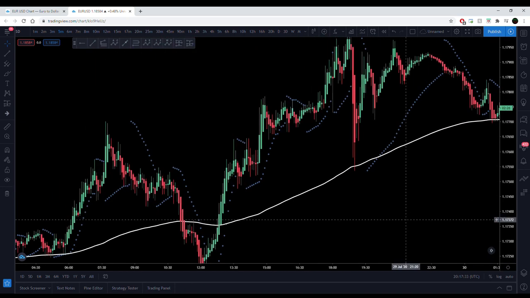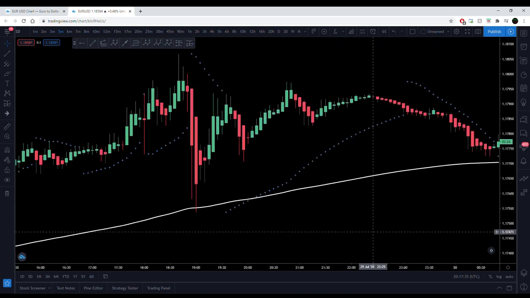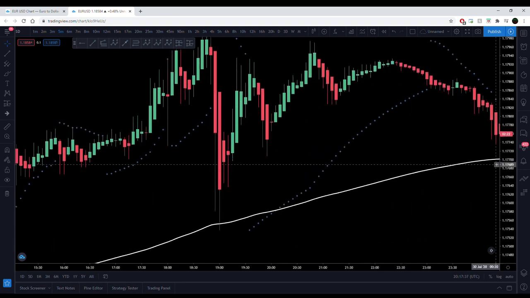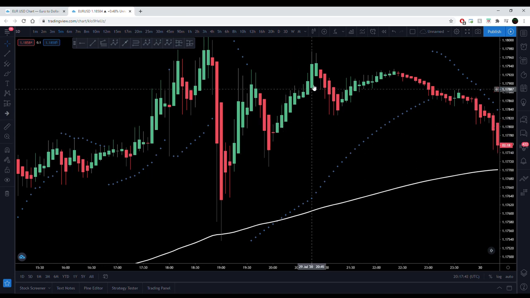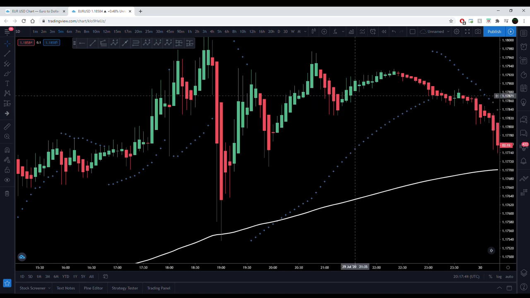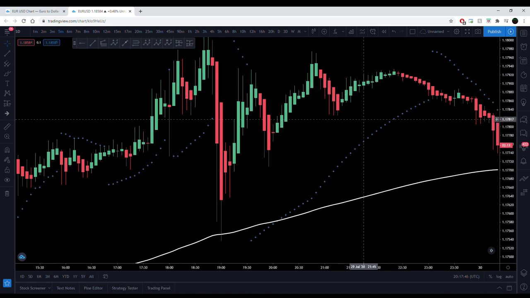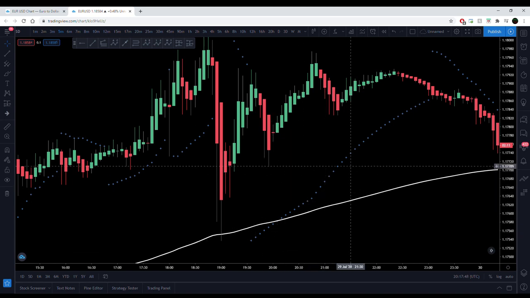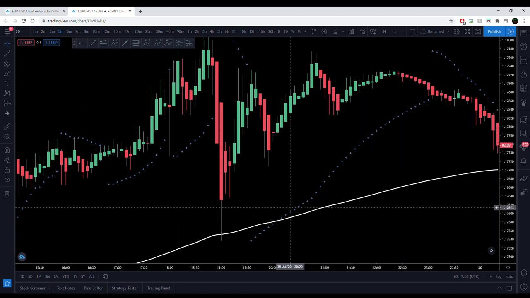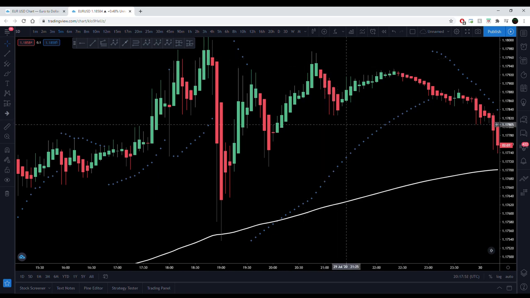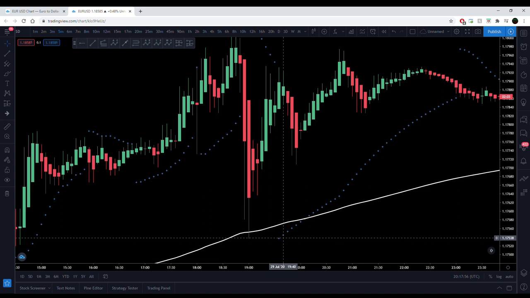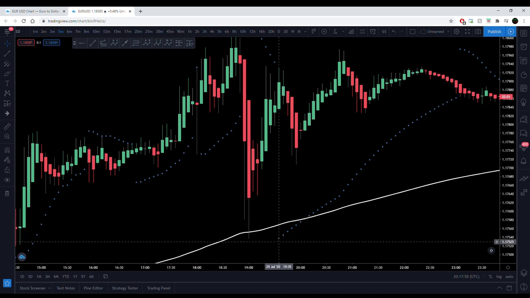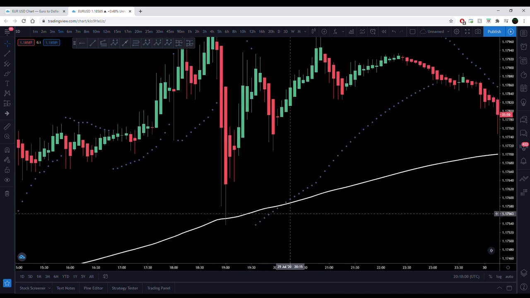One thing that I will say also is you don't want to be taking entries like on this second round or this round right here. If you've seen that this parabolic SAR has been underneath for a very long time without flipping to the top, you only want to take the first entries that are generated in the first few dots of the parabolic SAR.